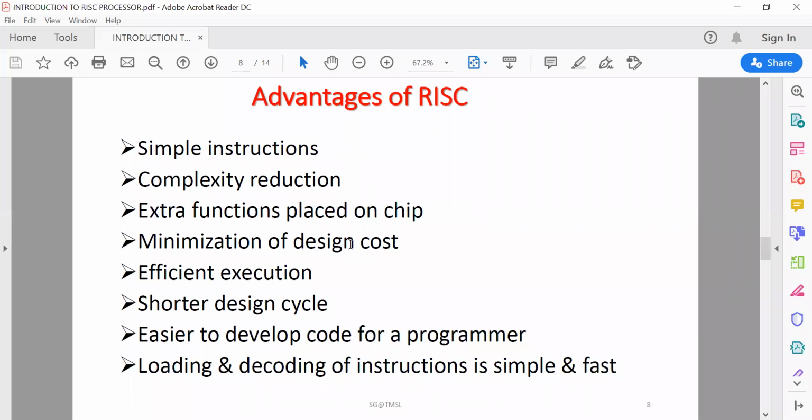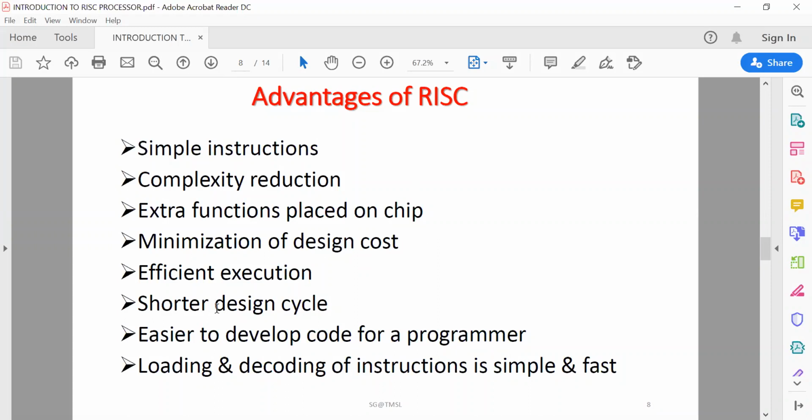Also, high level language compilers produce more efficient code for a RISC processor than for a CISC processor, because they tend to use the smaller set of instructions in a RISC computer. That is why efficient execution is performed in RISC.